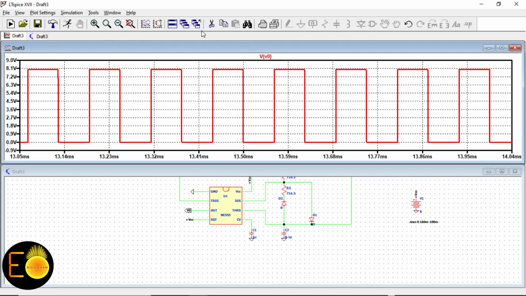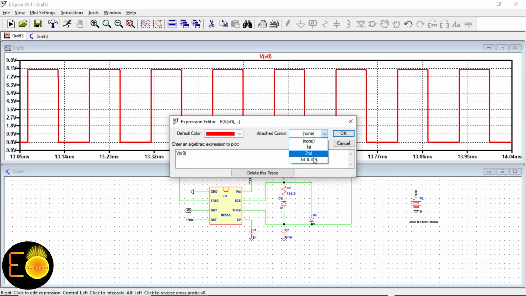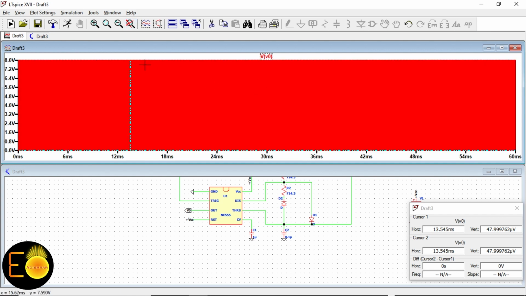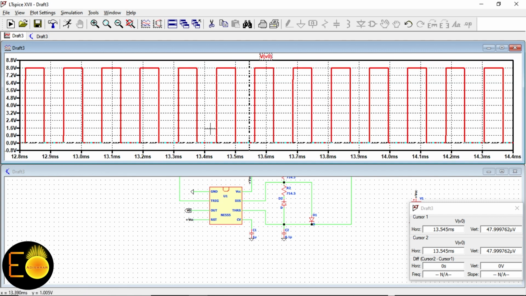Well, so they are coming very good, and if I check the on time and off time, I mean the difference between the on period, so 0.59 microsecond, almost it's coming. Okay, so it's fine, our circuit is working properly.